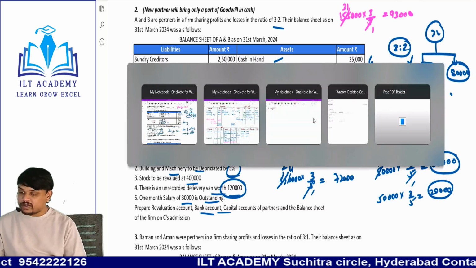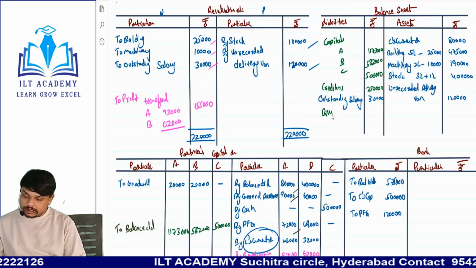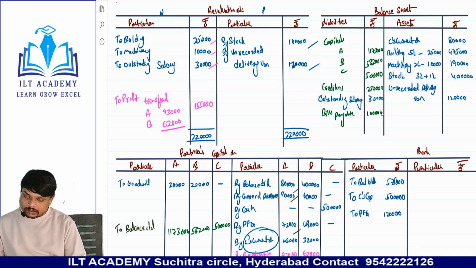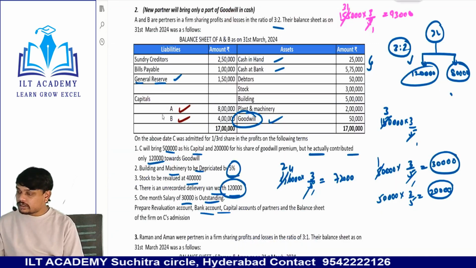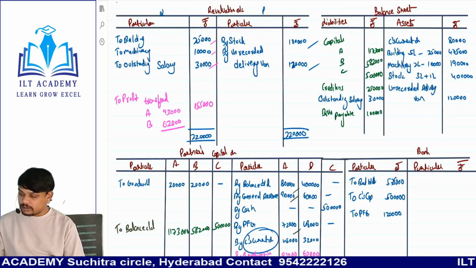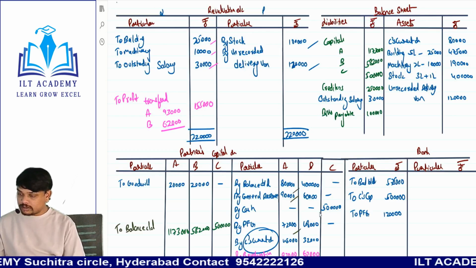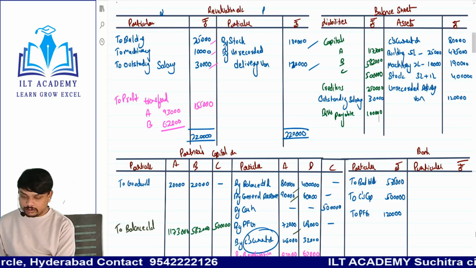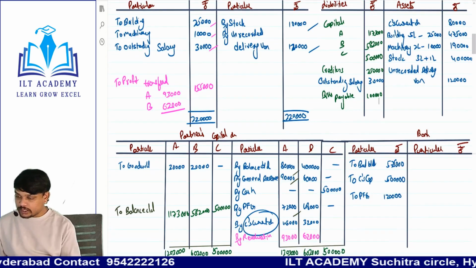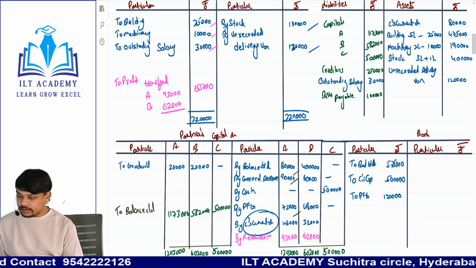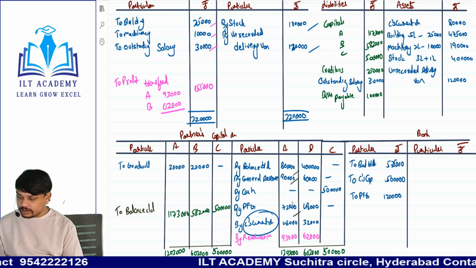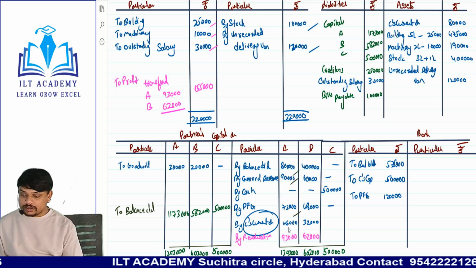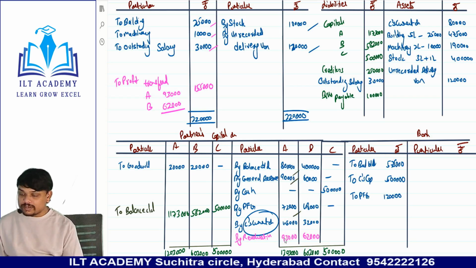And next bills payable 1 lakh. 8 lakh plus 890, 962, 970, 1010, 11 lakh 3,000.